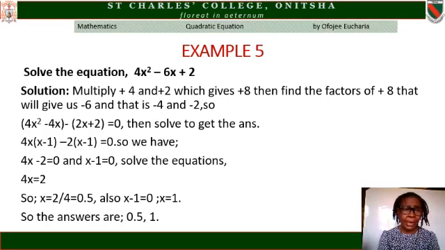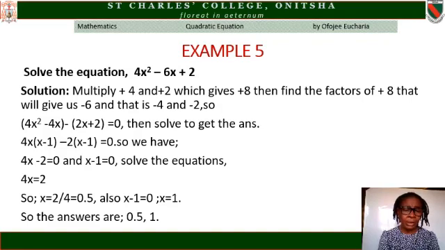So, we have 4x in bracket x minus 1 and minus 2 bracket x minus 1, bracket closes. You can now see that x minus 1 is common in both brackets, and so we bring it out. Thus, what we have is 4x minus 2 equals 0 and x minus 1 equals 0.